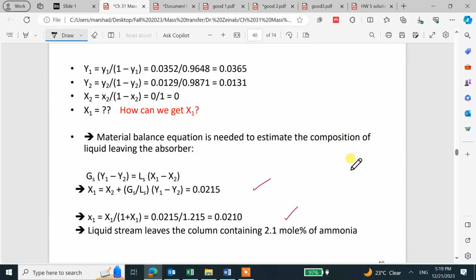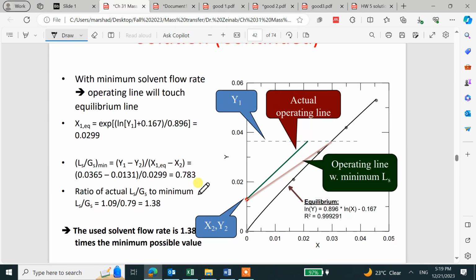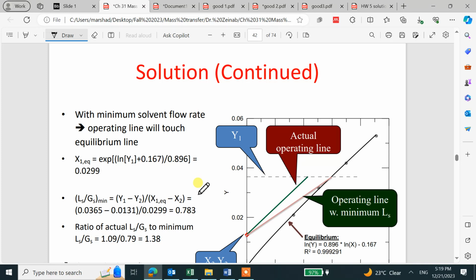So using the data, at 0.0352, we read this. So it will be around 0.0299. So this is XA1 star.